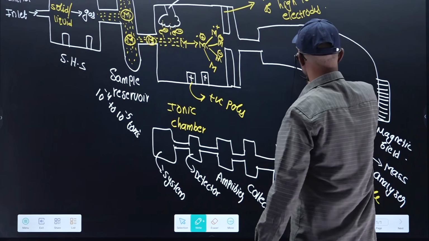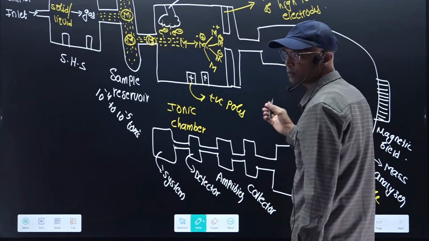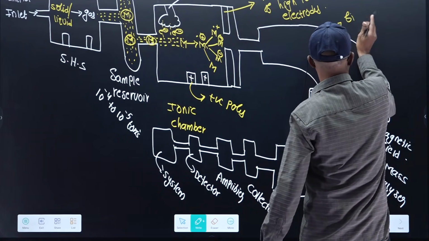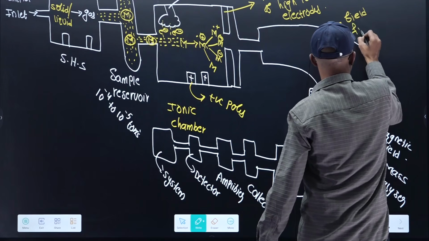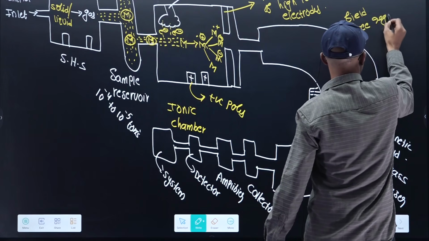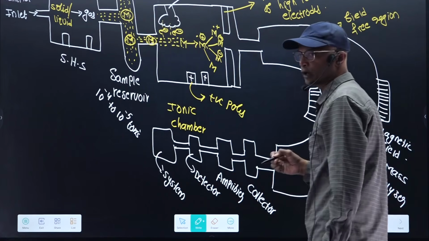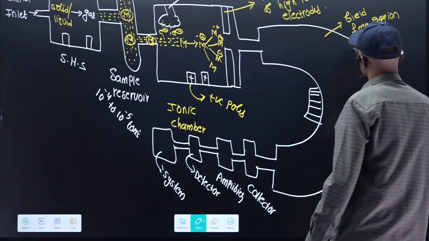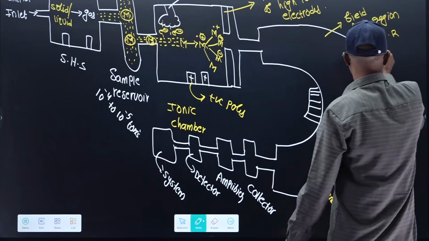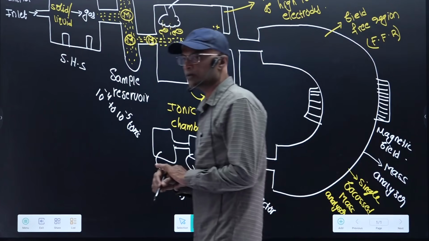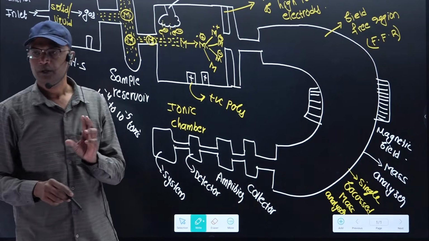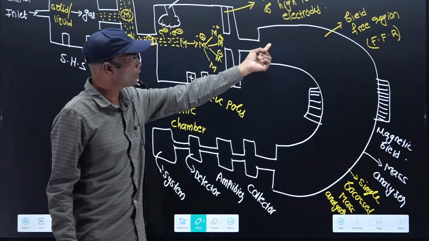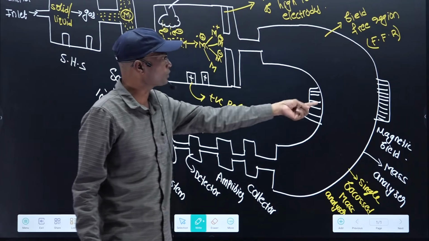It is a region where the magnetic field is not observed. If the magnetic field is not observed, this is called the field free region, also represented as FFR, remember. The field free region is where the ions generated within the ionic chamber enter here. Once they enter this mass analyzer, no magnetic field is present over here.